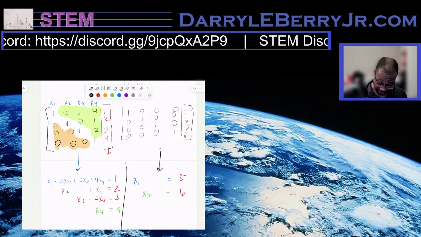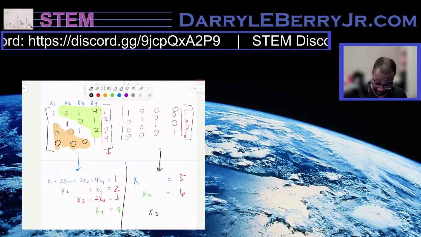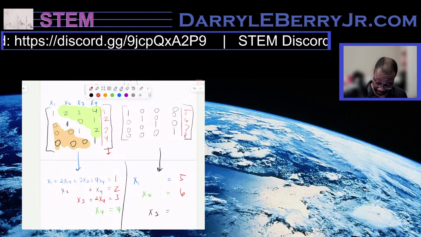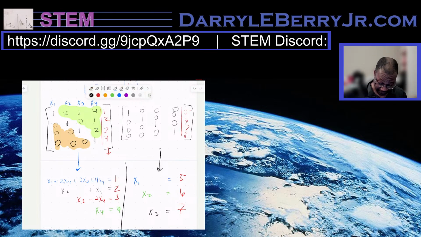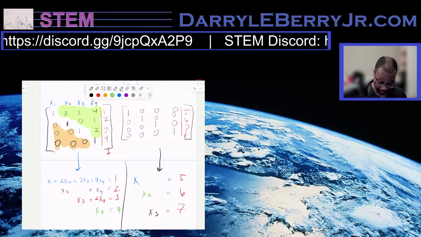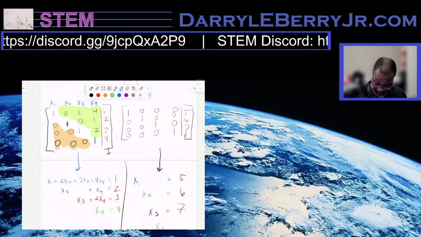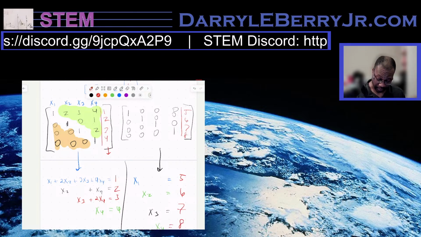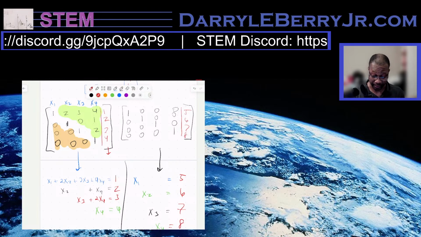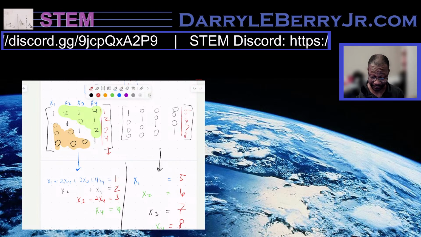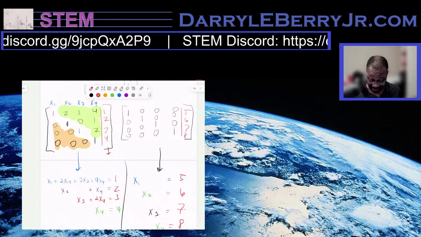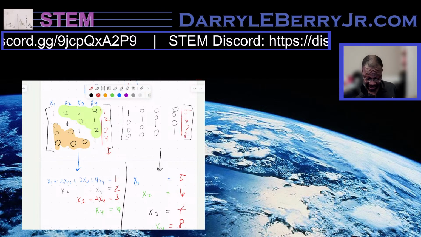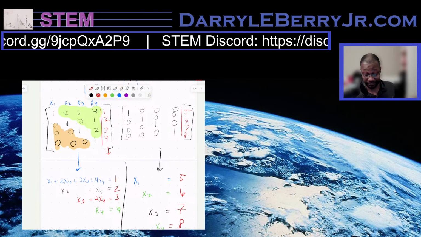I have x3 equals 7. And I have x4 equals 8. So that's the power of the reduced row echelon form because we reduced it as far as we possibly can. And now it makes it very simple to understand what the x values are because there's nothing else I have to do.